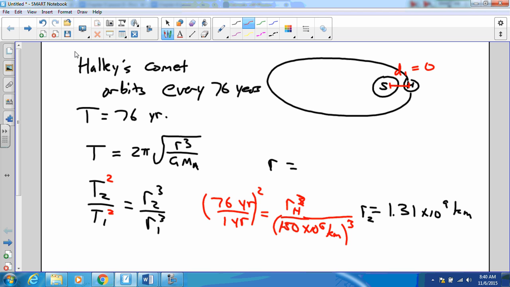So clear all that. Squared times 50 and then take roots. 2.69 times 10 to the 10th? No, times 10 to the 9th.